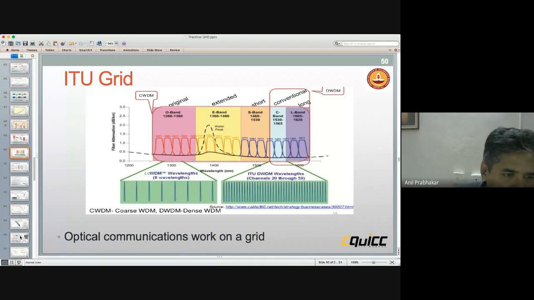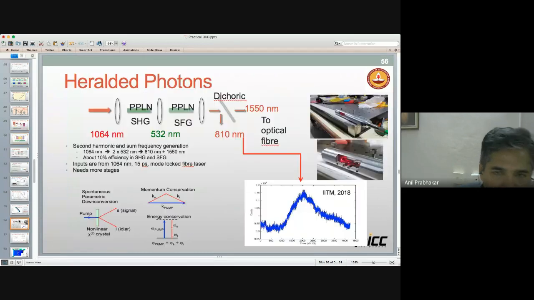Okay, let me not spend too much more time on the timing, but I will take you through another nice experiment, which is this one, which is to say that we can generate using nonlinear crystals both wavelengths, 810 nanometers and 1550 nanometers.